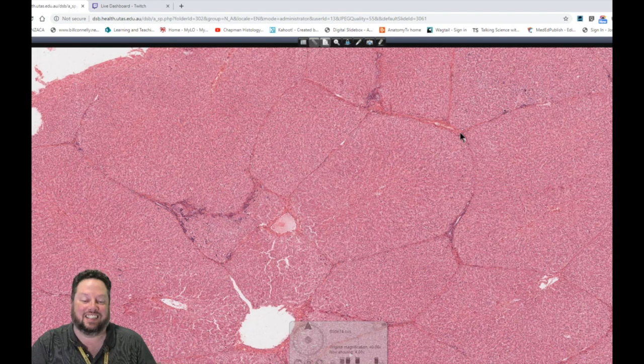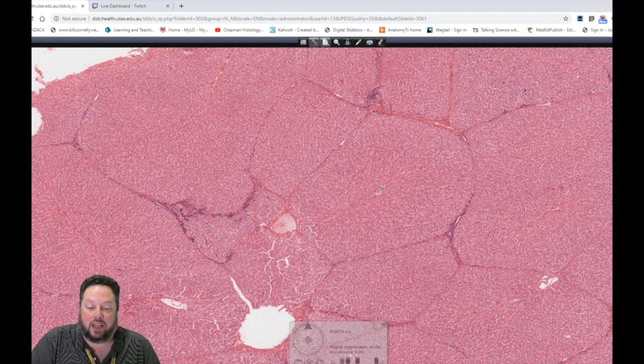You can see it's not quite a hexagon, but it's roughly a hexagon. It's characterized by having this little vein in the center, known as the central vein, and then we've got a blood supply at each of these little points of our hexagon. We have what we call a dual blood supply in this region, and the blood coalesces and pools and then eventually drains into this central vein.